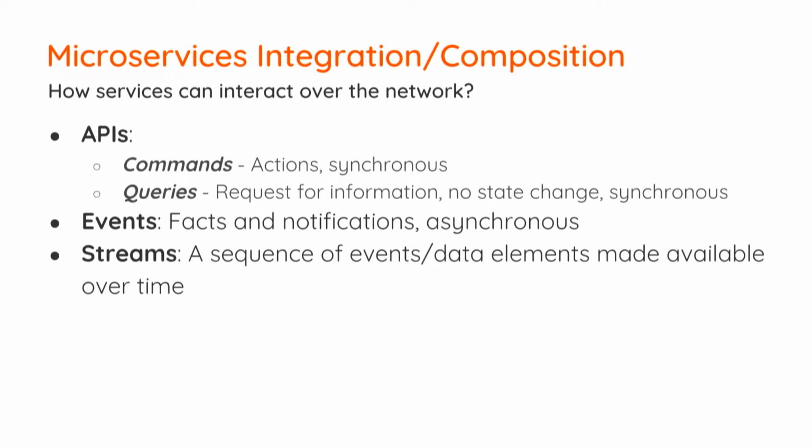You can have a command portion, which can change the underlying entity, as well as a query part, which is basically a request for information. And the other aspect of integrating services is events. So you are receiving events to your service, or your service produces events to other services. The extended version of event is streams, right? Rather than processing a single event, you process a sequence of events over time.